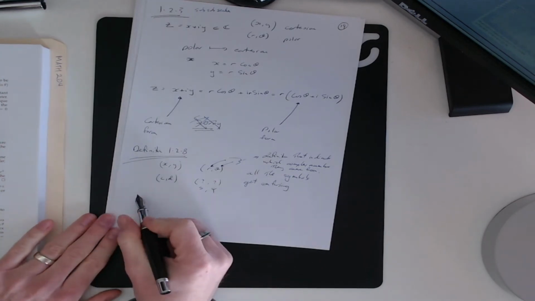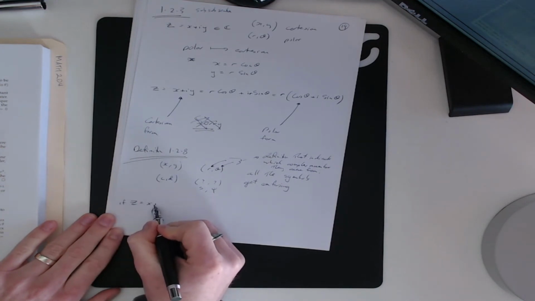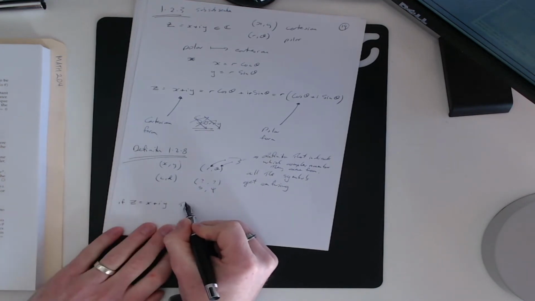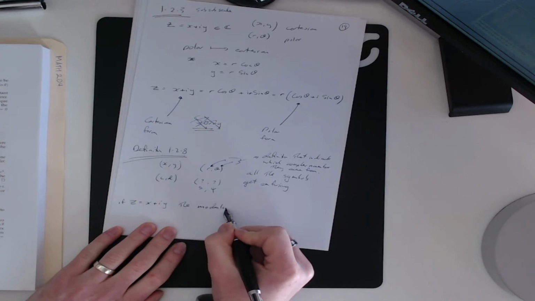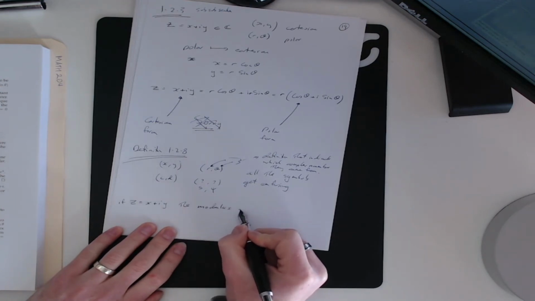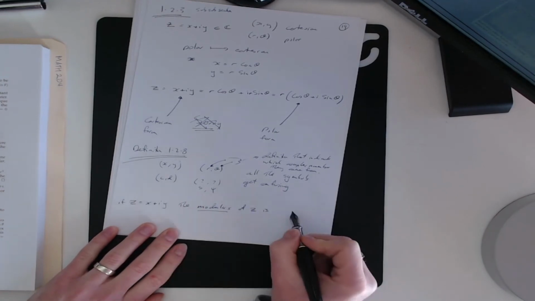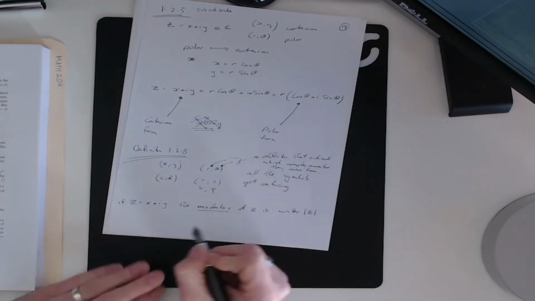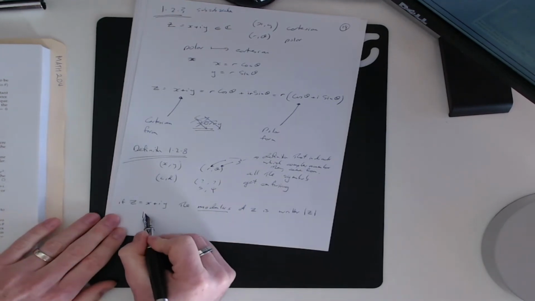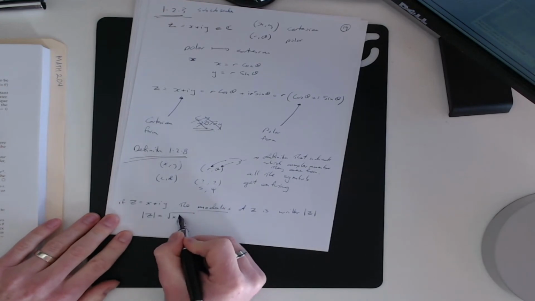So, if z is equal to x plus iy, the modulus of z is written like this, and the modulus of z is equal to the square root of x squared plus y squared.